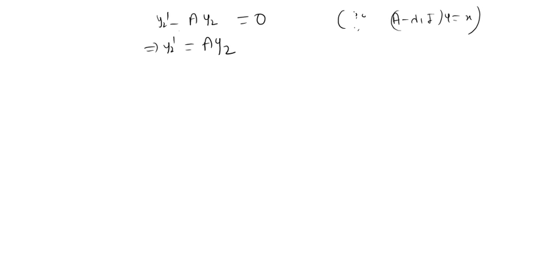So y2 dash minus A y2 equal to 0, since you have (A minus lambda 1 I) u equal to x. So y2 satisfies the system, so y2 is also a solution. Now we check the linear independence of y1 and y2.